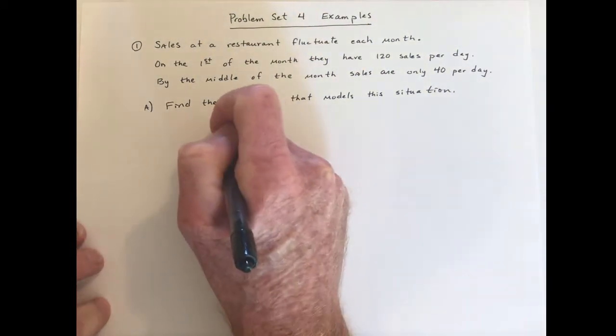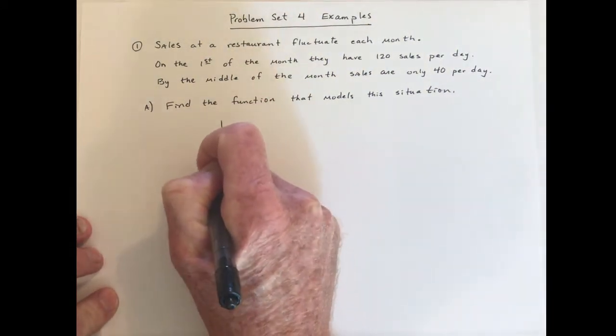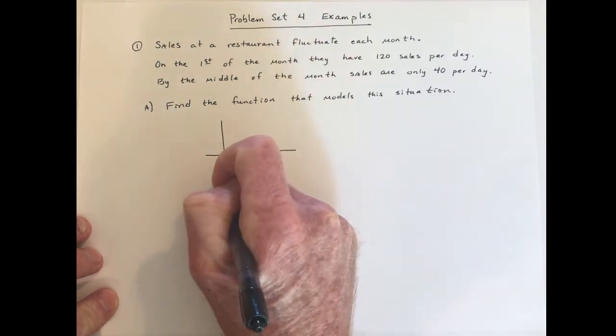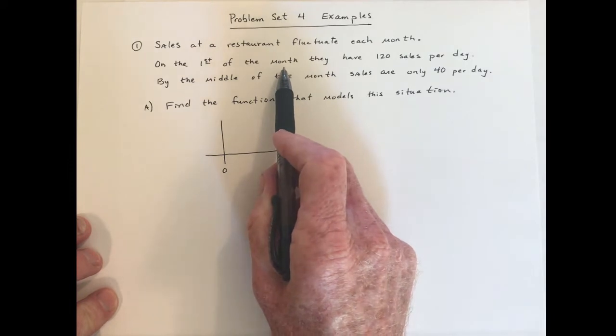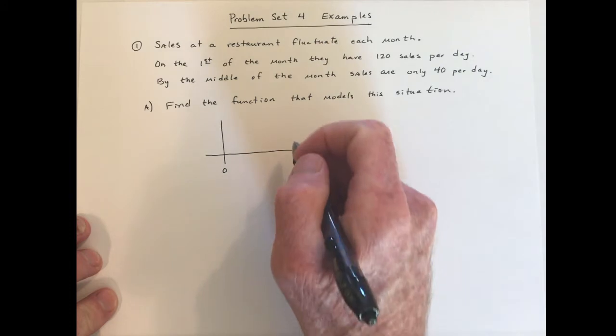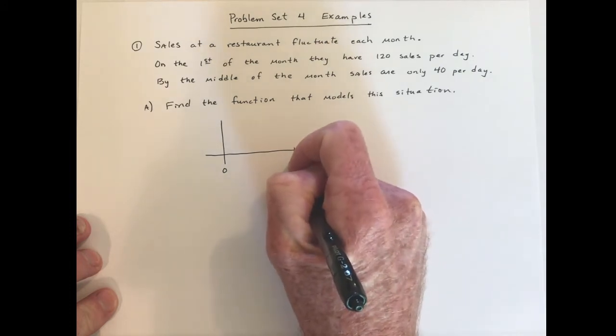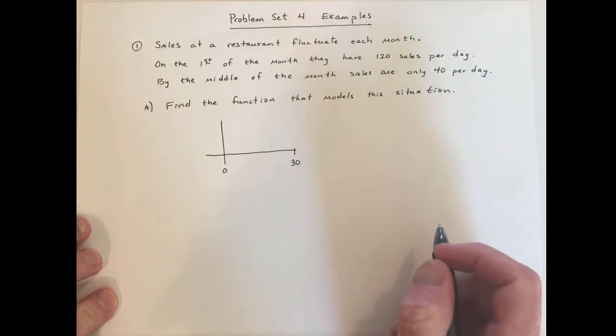First, I'm going to draw a little picture of what's going on. So this could be the timeline starting from 0 and then it says a month. And I suppose that you could just use 1 for a month, but I'm just going to say, well, it's an average month that's got 30 days.